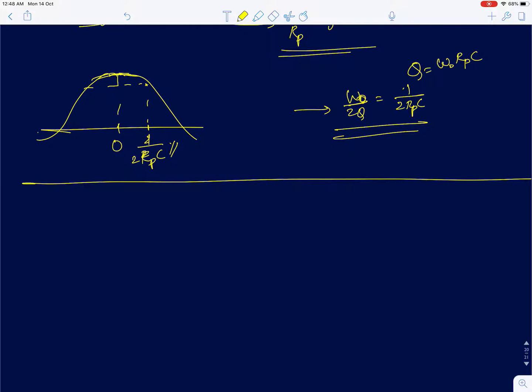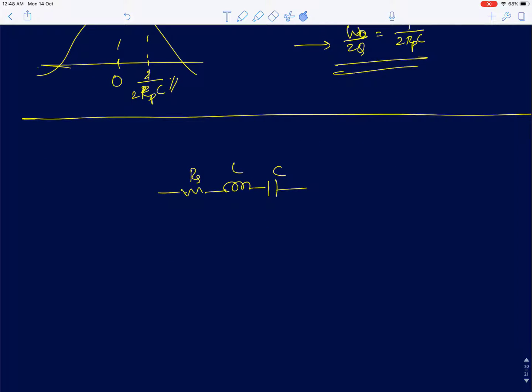So just to summarize, we tried to analyze what happens for a series and a parallel RLC circuit near the resonant frequency. A series RLC circuit behaves like a resistor connected in series with an inductance of value 2L.